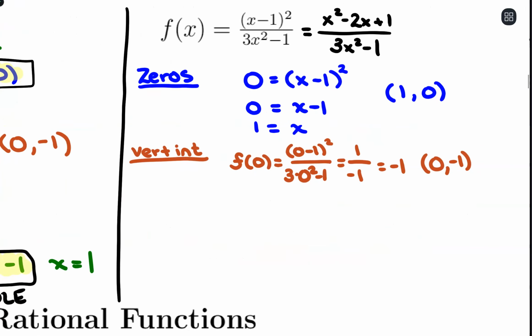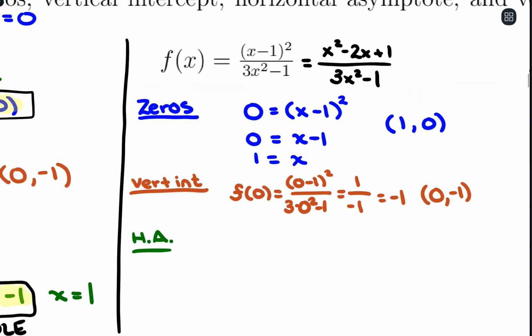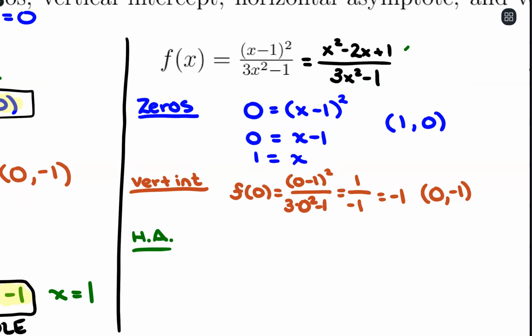All right, the horizontal asymptote. So the degree of the numerator is 2 from that x squared. The degree of the denominator is also 2 coming from that 3x squared. So when the degrees are the same, our horizontal asymptote is going to be a ratio of the leading coefficients.